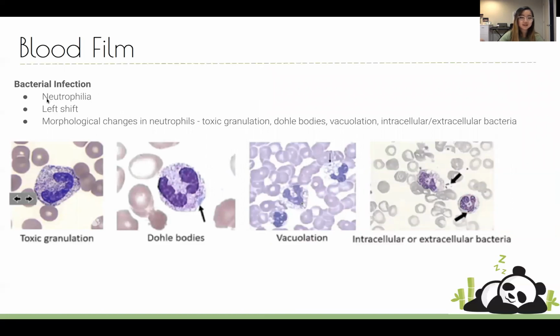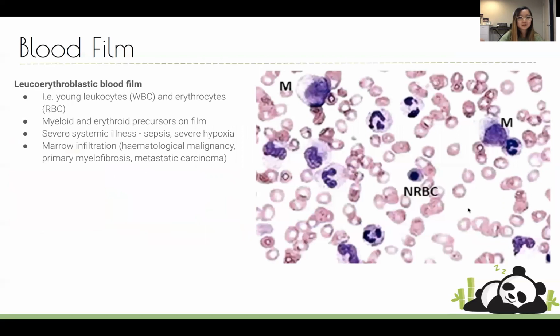So an increase in neutrophils, you get left shift because you're making more, so you have more immature ones, and you also have morphological changes in neutrophils. Here like toxic granulation, doll bodies, the blue thing, vacuolation, which forms this big vacuole-looking thing. And you can also have intracellular or extracellular bacteria.